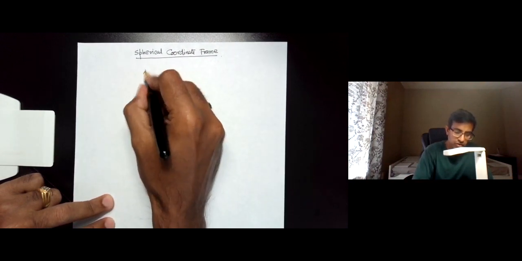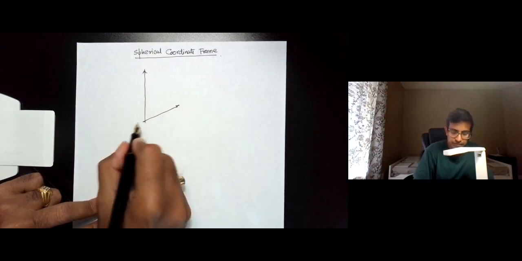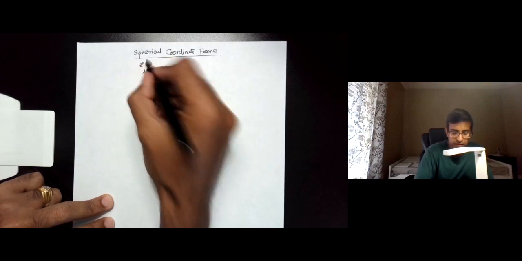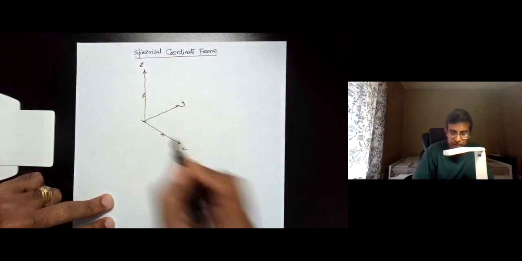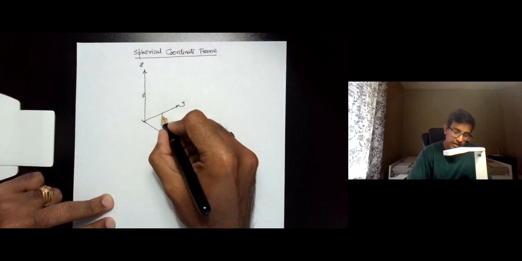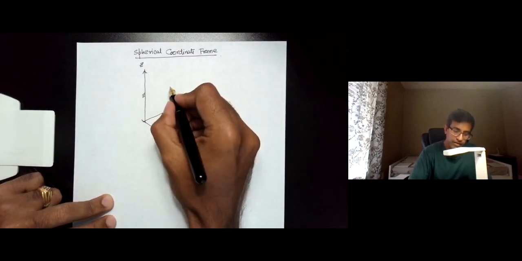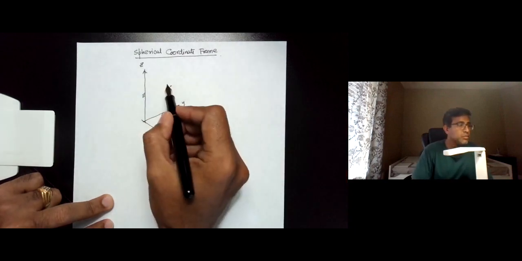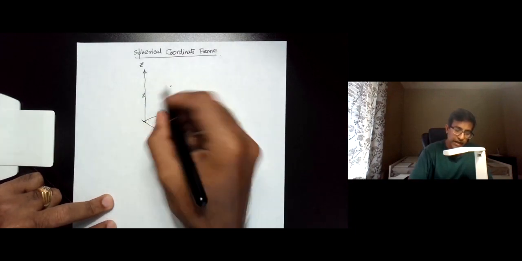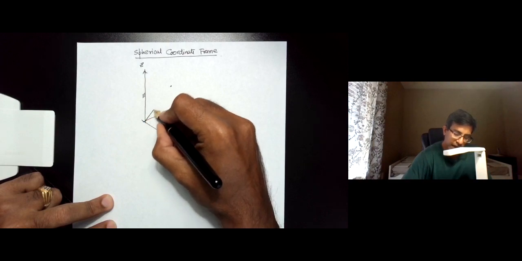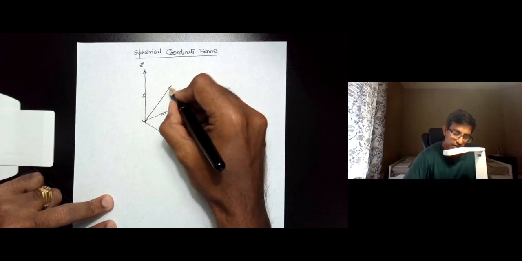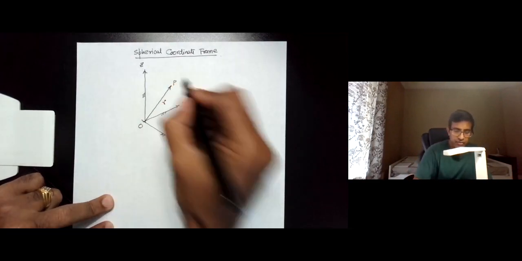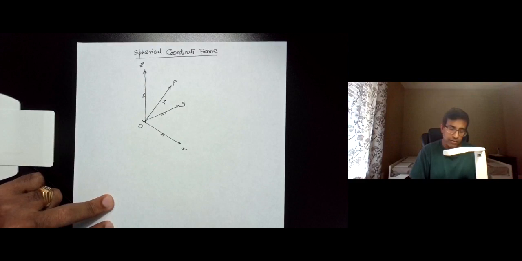So let's say here is our XYZ fixed reference frame, and let's say that a particle is located at a certain point. Let's say that the particle is at a distance r from the origin of that coordinate frame.